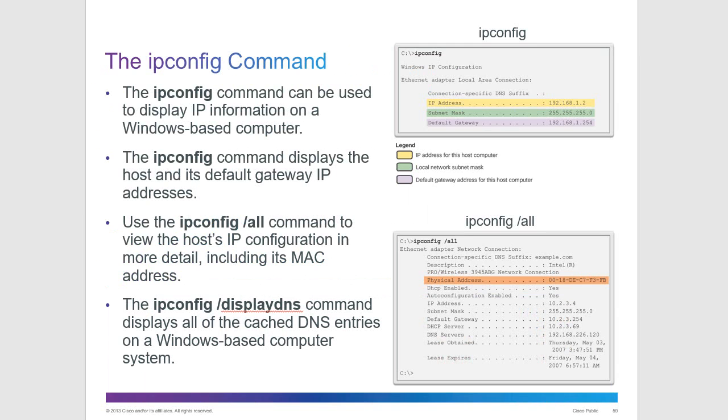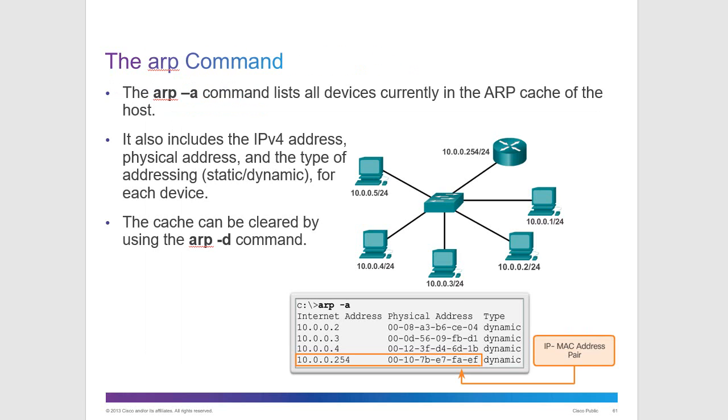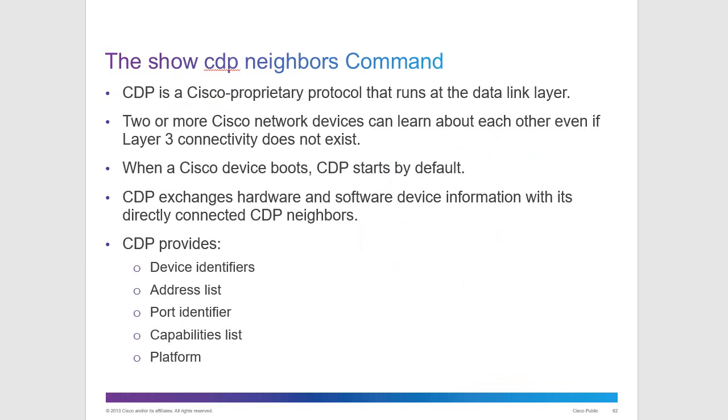We've also used ipconfig /displaydns, which shows all of our cached DNS entries. So again, more review. Okay, we've got arp -a and arp -d, which we have also discussed. arp -a shows you your ARP table, arp -d is going to clear it.